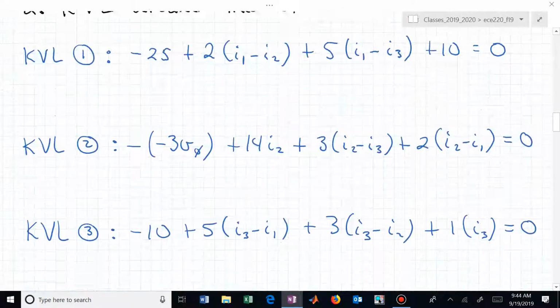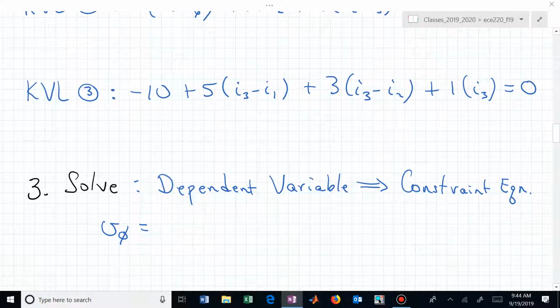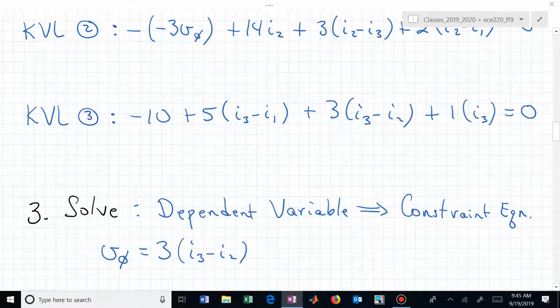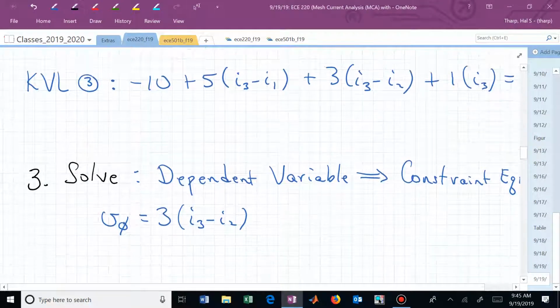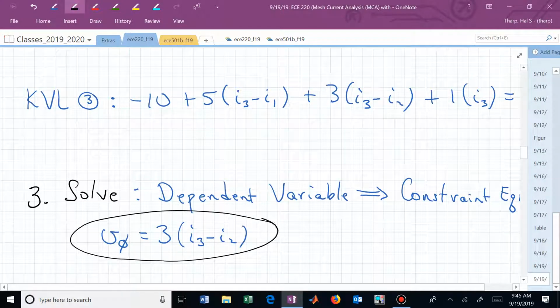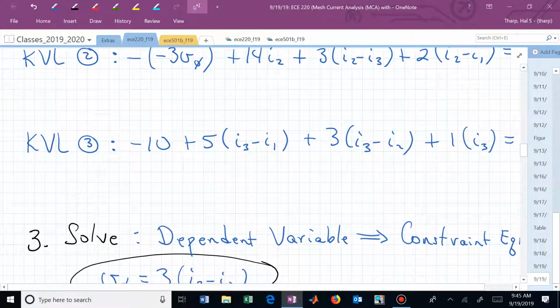That's the constraint equation that we need here. And this equation can now be used there.